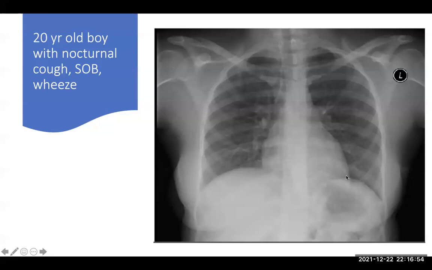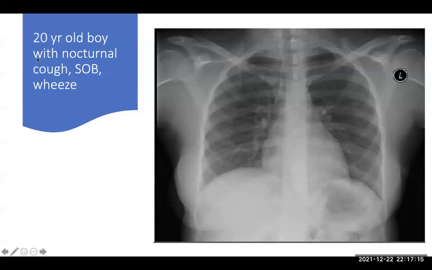If you get some findings on an X-ray, try to correlate them with other possible findings of the patient, like maybe this patient has this, or may or may not have this problem. But always try to correlate with the clinical findings and the history.